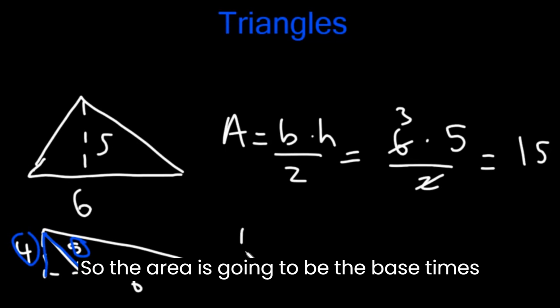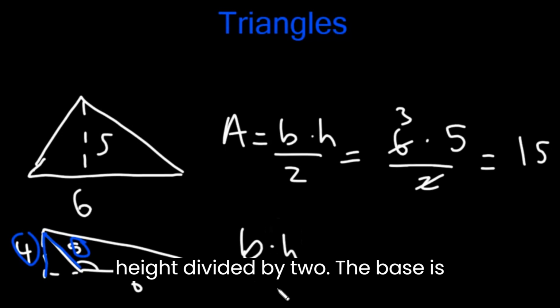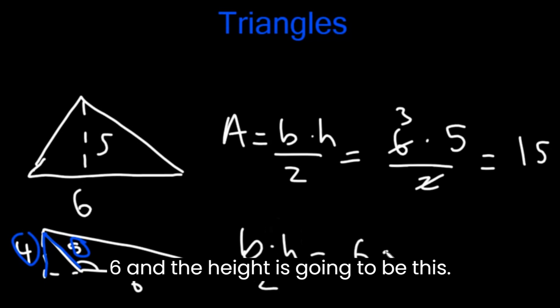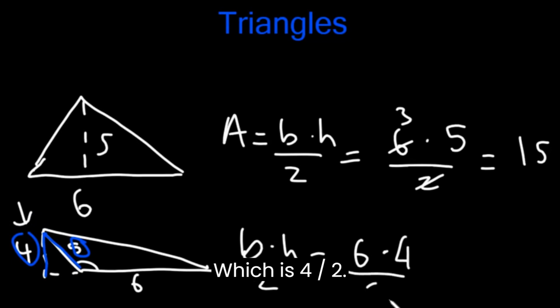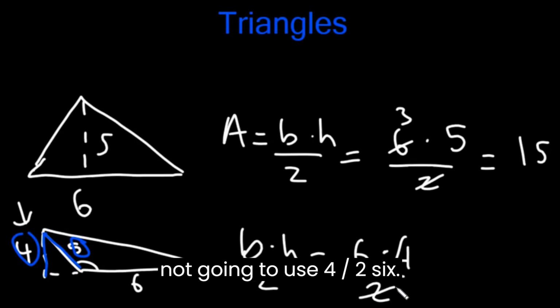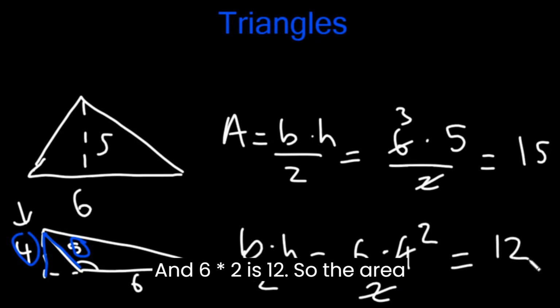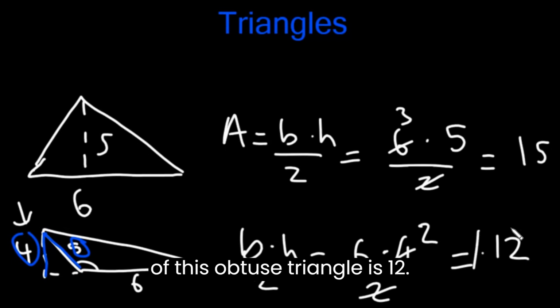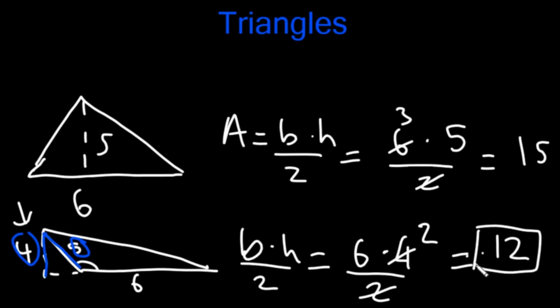So the area is going to be the base times height divided by 2. The base is 6, and the height is going to be this, which is 4, divided by 2. The 5 is extra information that we're not going to use. 6 divided by 2 is 3, and 3 times 4 is 12. So the area of this obtuse triangle is 12.